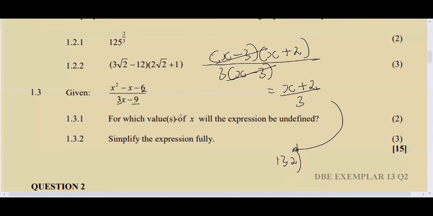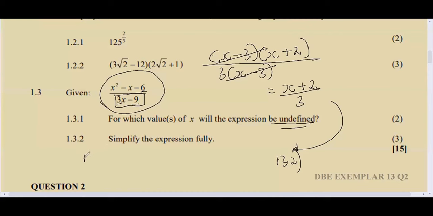But then now they're saying for which values of x will the expression be undefined. Now with this question, guys, it's simple. For an expression that is in the form of a fraction like this, we know that a fraction will be undefined if the denominator is equal to 0. So one way to find that is just to take this denominator and equate it to 0, then calculate the value of x for which the denominator will be equal to 0.